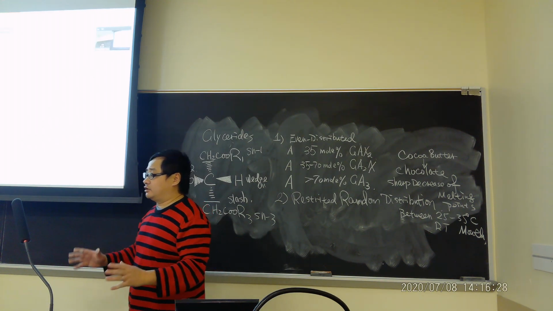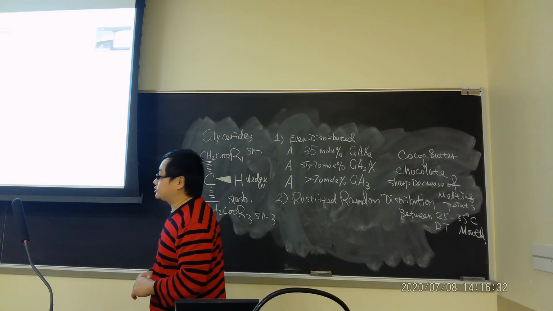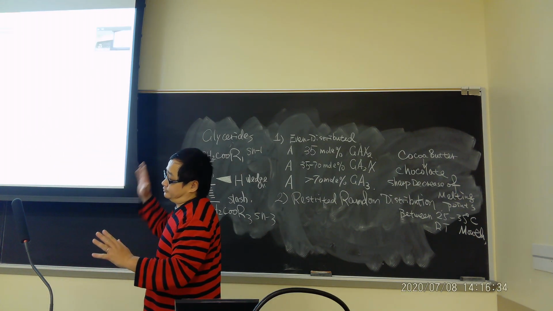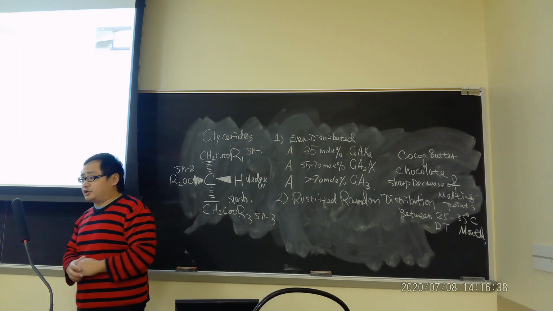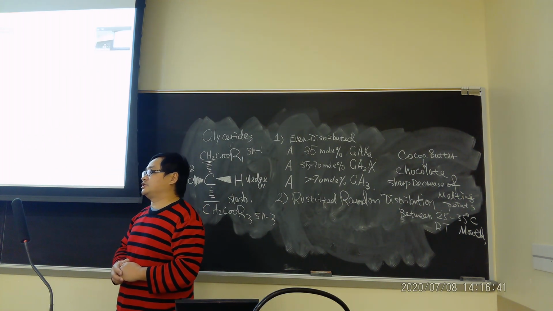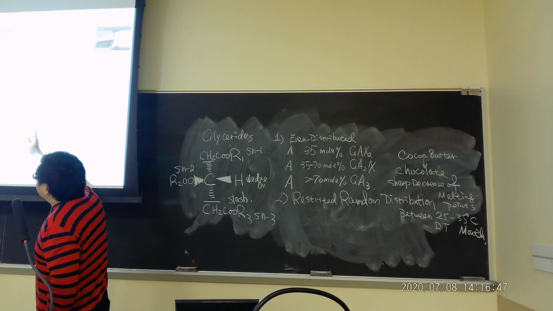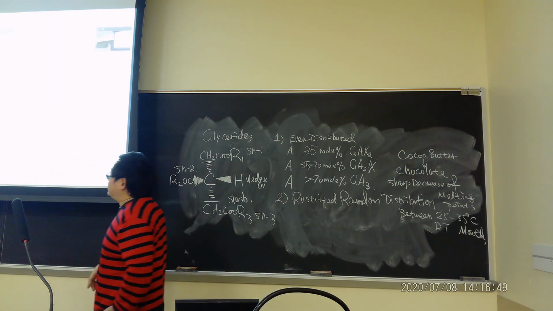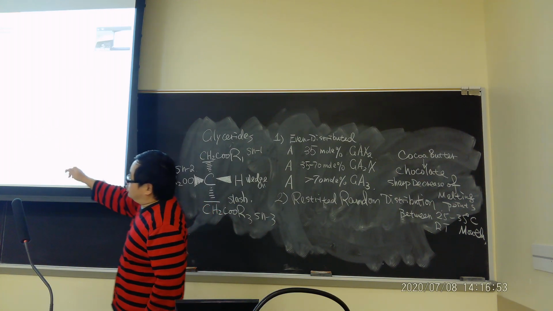Wax is a very long fatty acid esterified with long chain monohydric alcohols. There are 3 major waxes, with the carboxylic acid moiety in red and the alcohol in blue. And the examples here are spermaceti, beeswax and carnauba wax. You can see the structure.